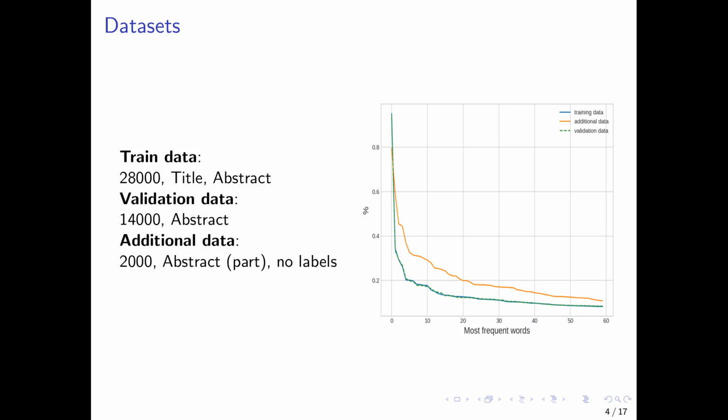We also had an additional set with 2,000 entries which contained only a few sentences as an abstract and no titles. On the figure on the right, one can see the distribution of the most frequent words in each dataset. As one can see, training and validation datasets have very similar distributions.